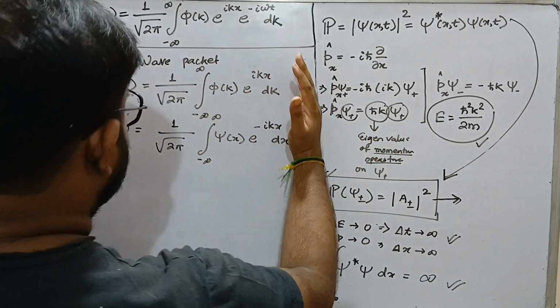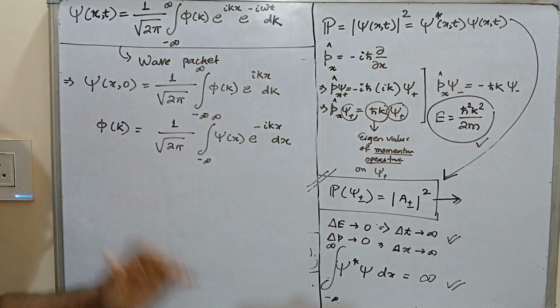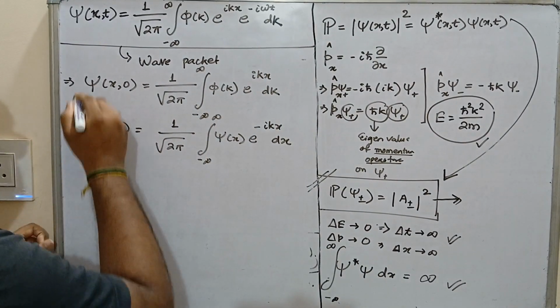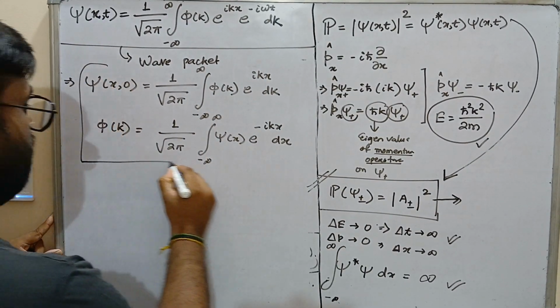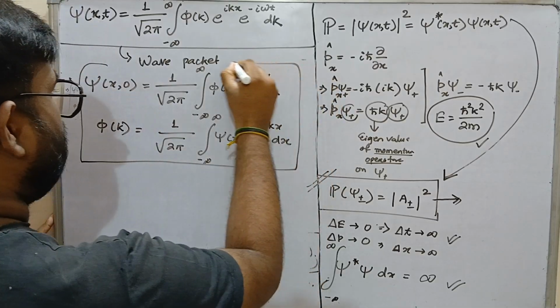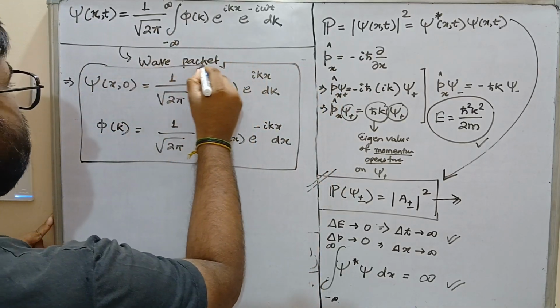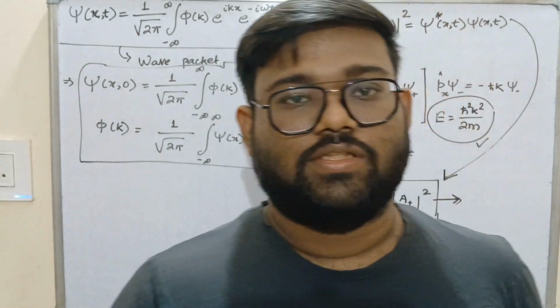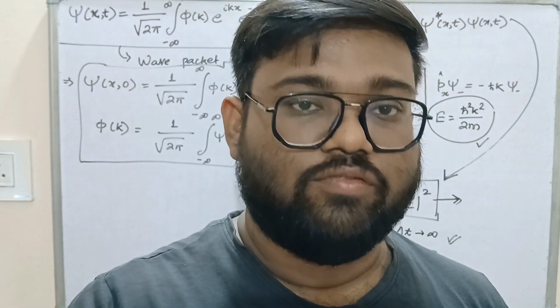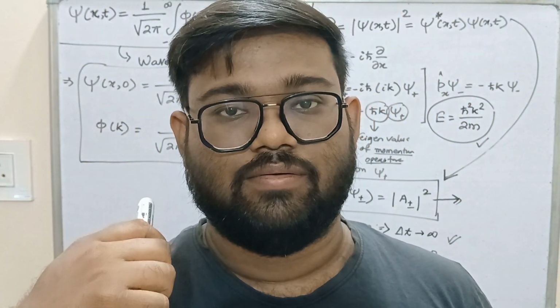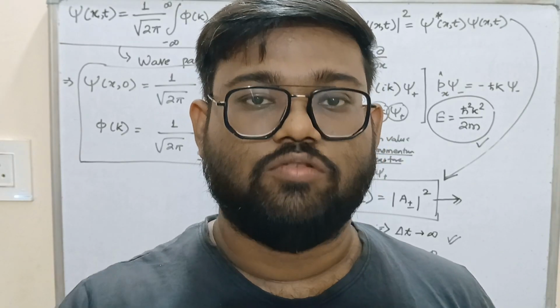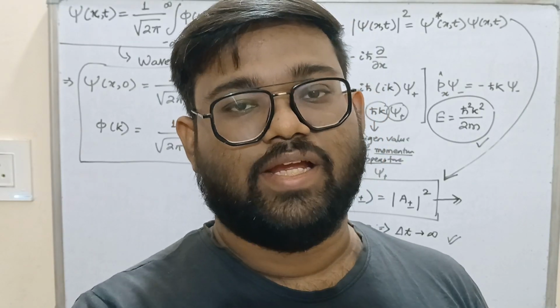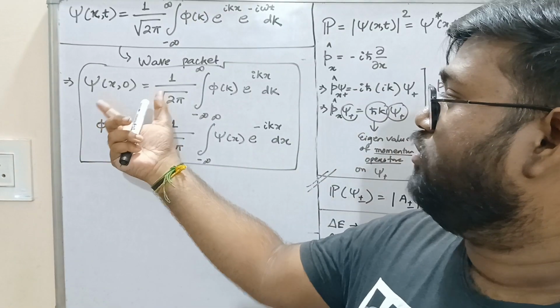This is the formula of the wave of a free particle. If the question is about a free particle, you remember this formula. The wave function is not defined as a plane wave when we are dealing with a free particle. What we do there is create a wave packet, and this is your equation for a wave packet.